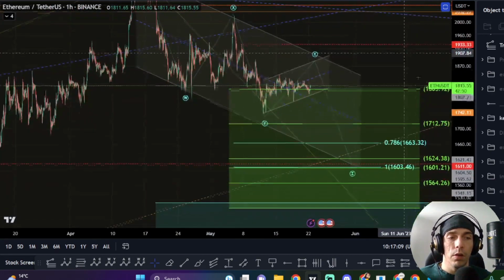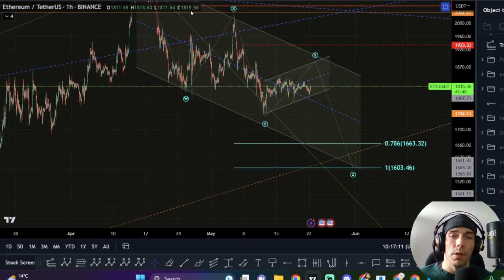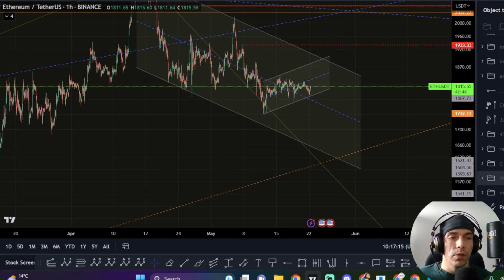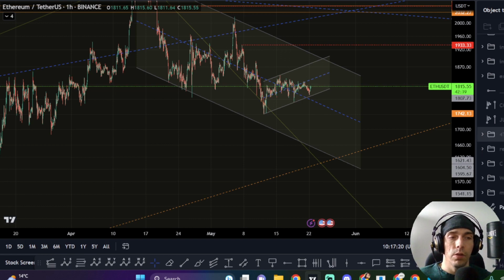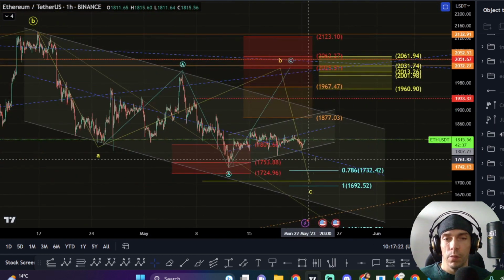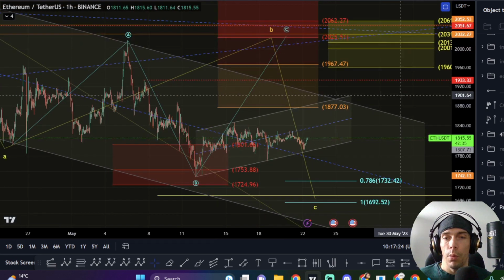Now, if we want to argue that this move is actually not forming as something like a WXYXZ, what you could also say is that potentially we could still see a flat within the structure. And this is one of the things we've been talking about for a while.